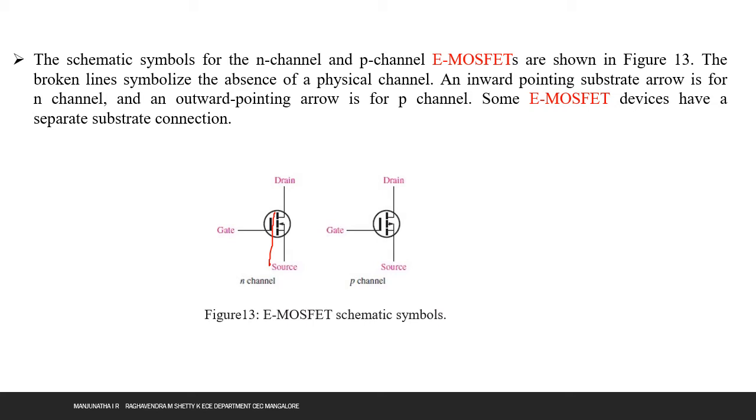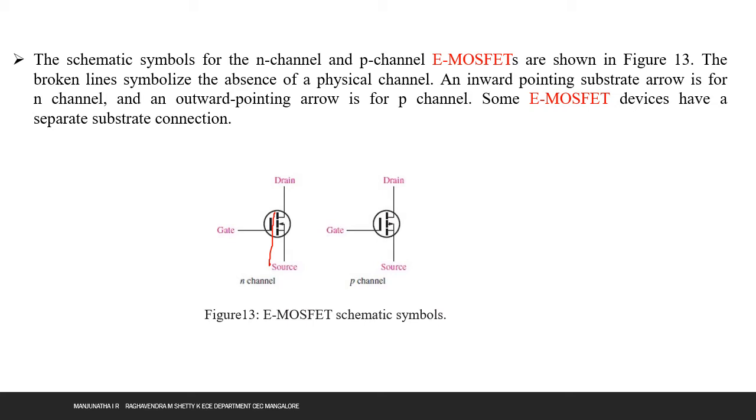The broken line symbolizes the absence of a physical channel, and we are giving an external voltage source from VGG, positive VGG or negative VGG. We know that we give positive VGG for N channel and negative VGG for P channel operations, as we understood from the previous slide discussion.